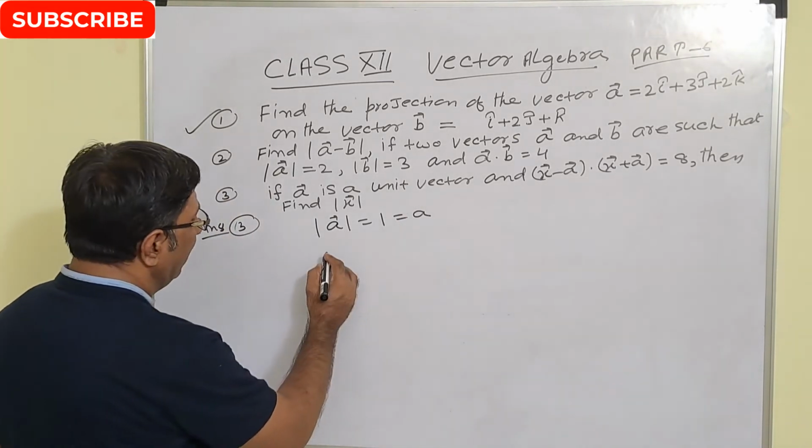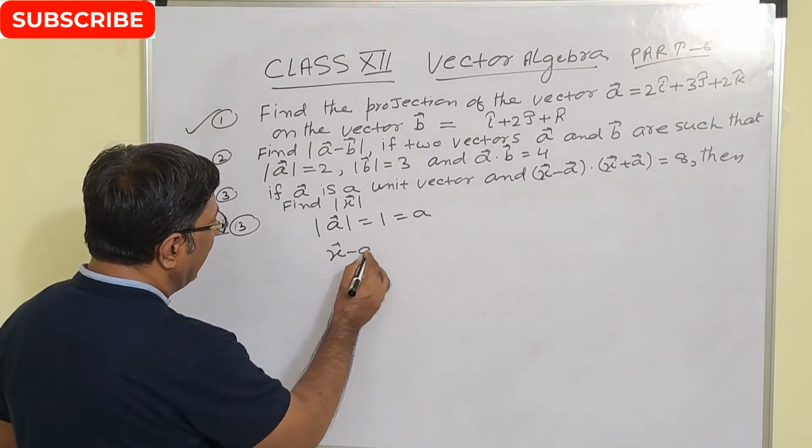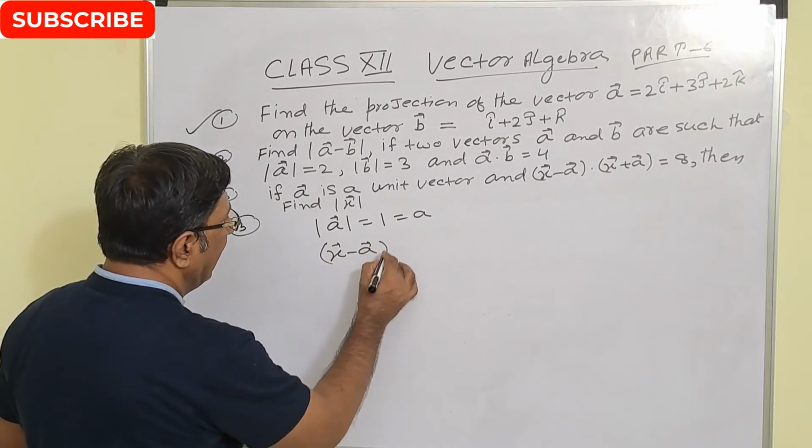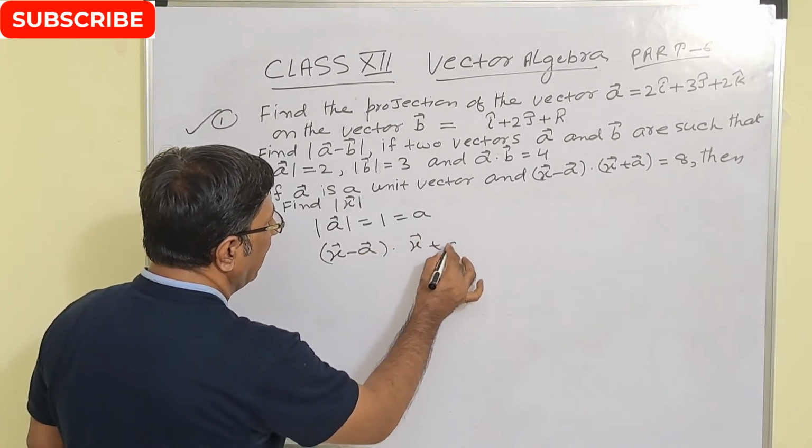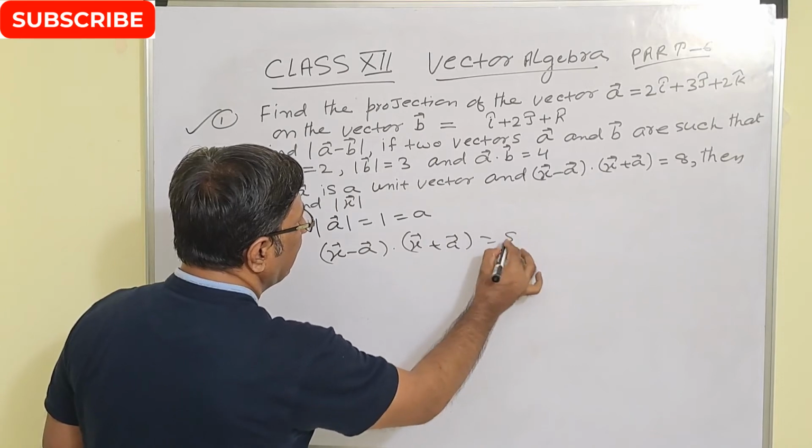Now we have to find x, where x vector minus A vector dot x vector plus A vector is given as 8.